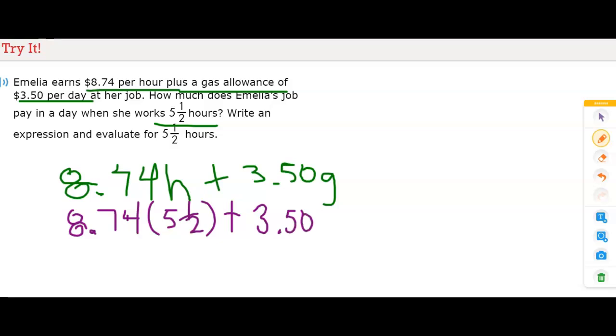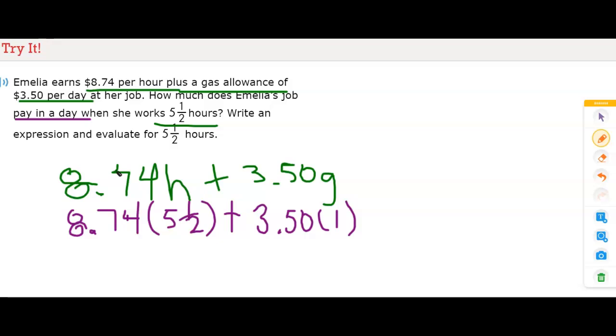So G is going to represent 1 because it says how much does the job pay in a day. So because it's a day, that tells us it's 1 day. So she's only going to get $3.50 for that 1 day that we're solving for. So that substitutes to a 1. So now we're going to evaluate this.